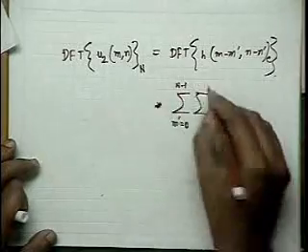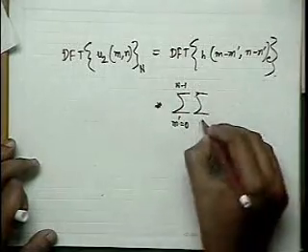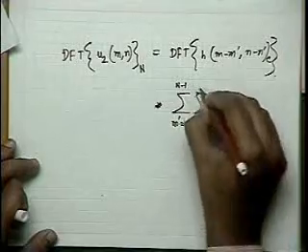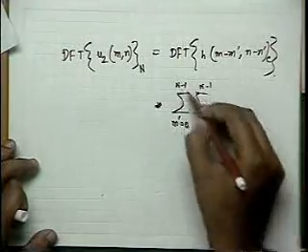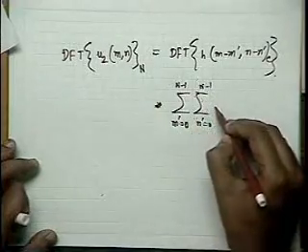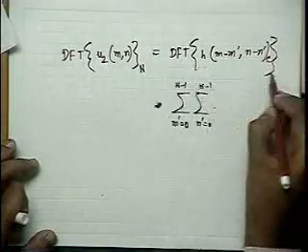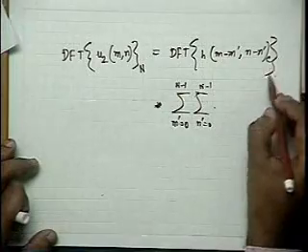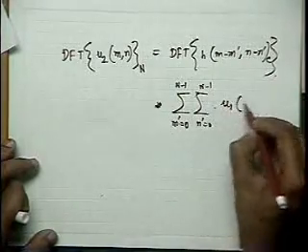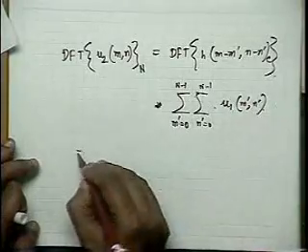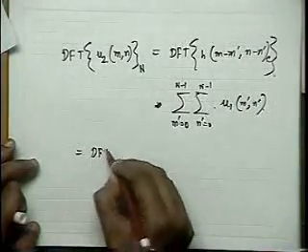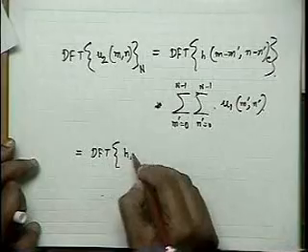Rather, my entire term should have been with this double summation, m prime equal to 0 to N minus 1, n prime equal to 0 to N minus 1, DFT of this, and then u1 of m prime, n prime. And this I can simply write as DFT of h(m,n).